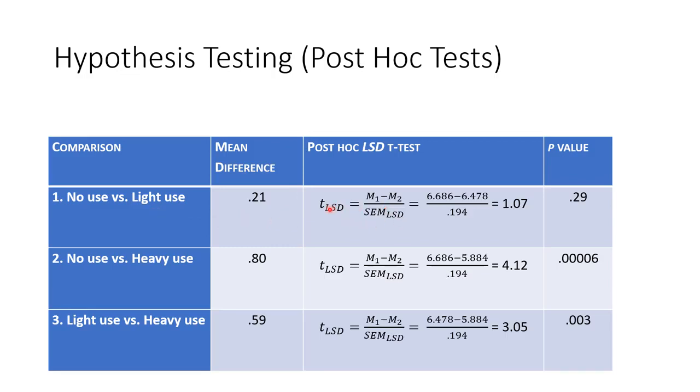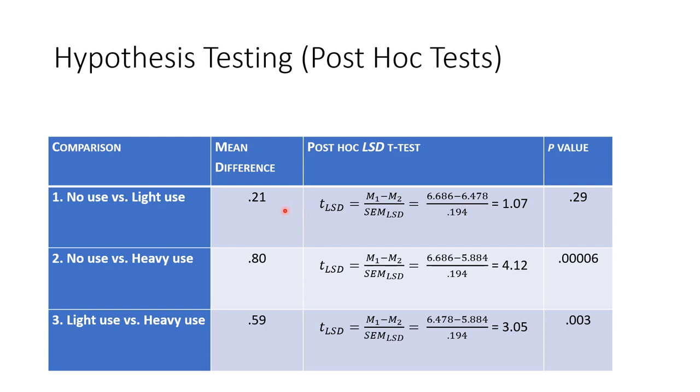And we do a Fisher's LSD t-test. This is just like a t-test that you've done before. It's using a slightly different denominator than some of the other t-tests. But basically, it's just doing a t-test to determine the probability that this difference could occur due to sampling error. And you get a p-value of 0.29, which is not compelling evidence.